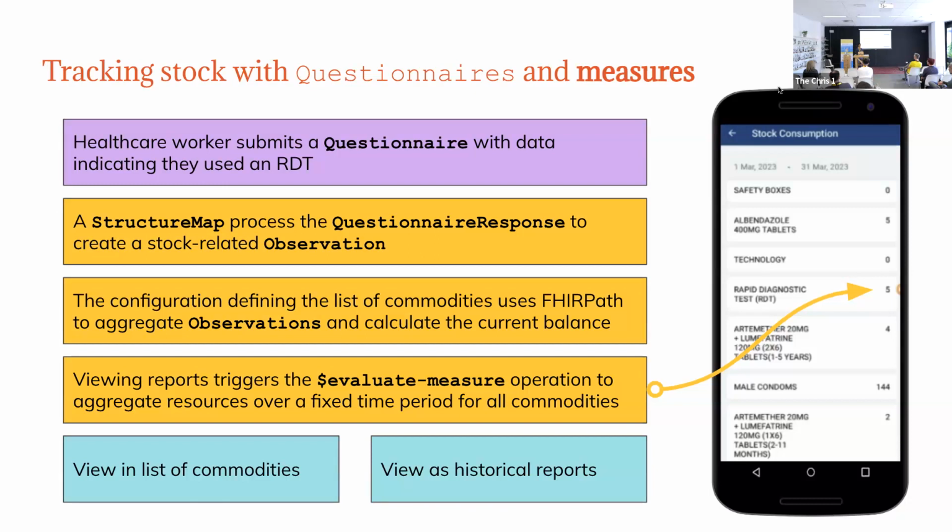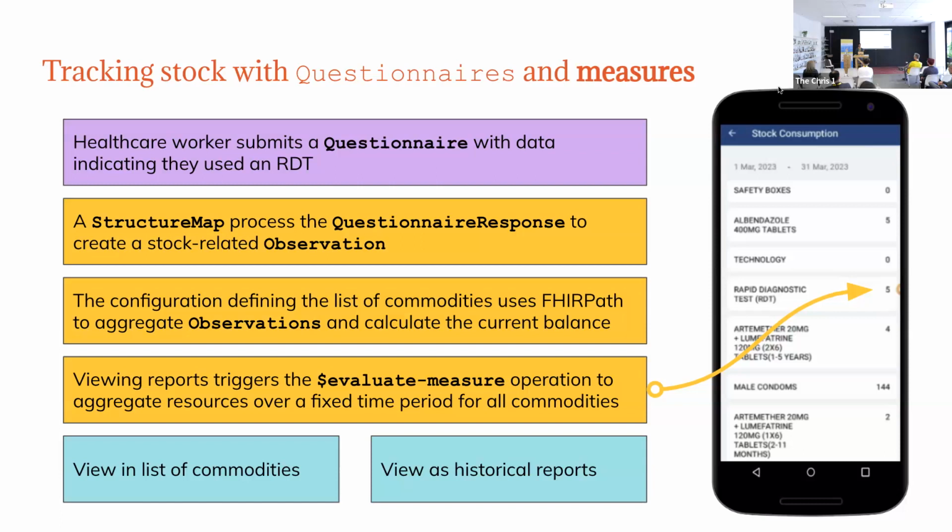If they were to complete a questionnaire that noted that they have conducted a malaria RDT, we would have a structure map that would extract from the questionnaire response an observation coded using the SNOMED code for a stock change. It would store that there has been a depletion of 1 for rapid diagnostic tests.